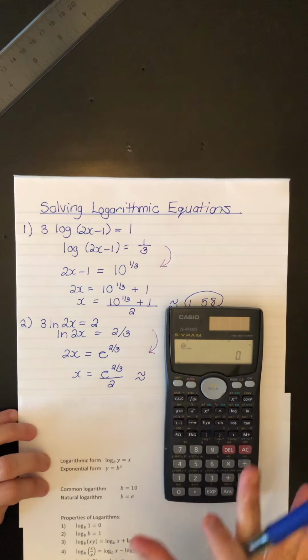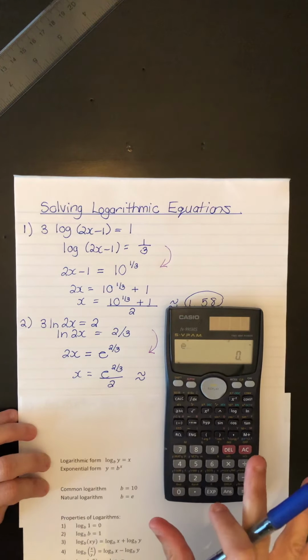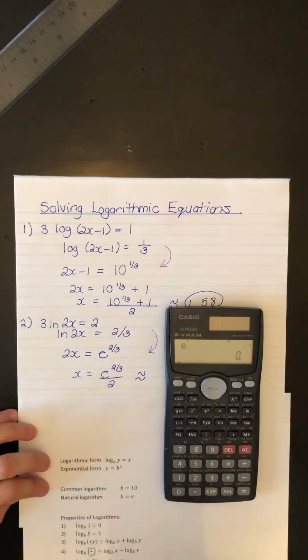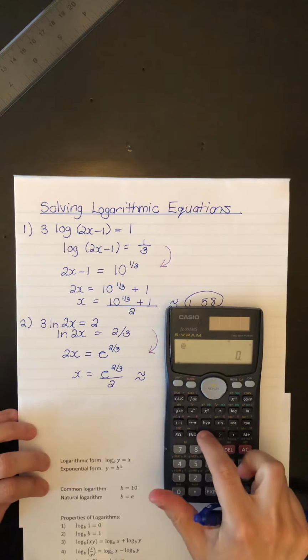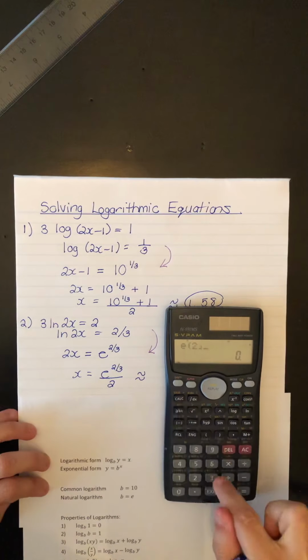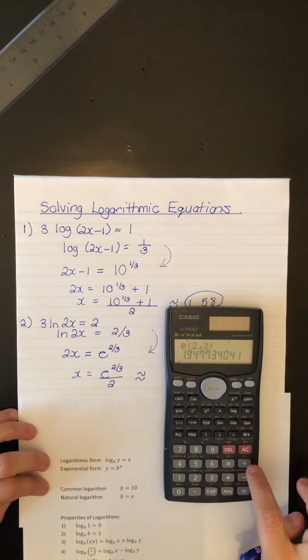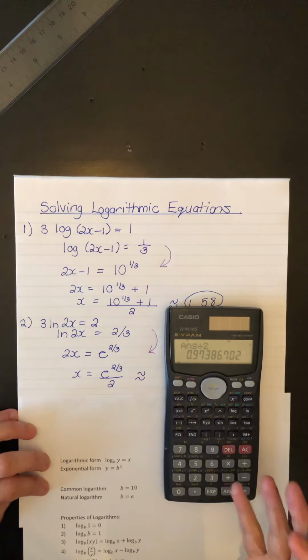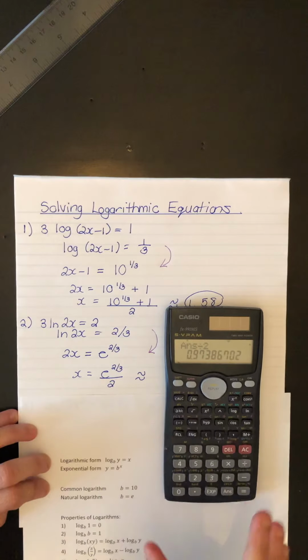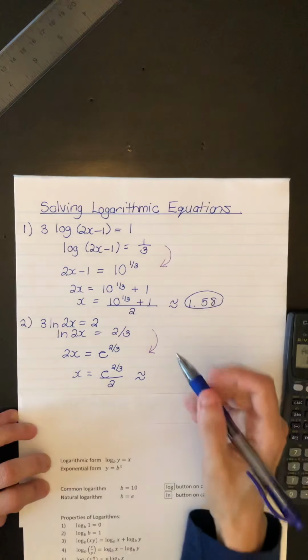All we do now is immediately put in the exponent. And again, it's a fraction, so it has to be in a bracket. So 2/3. Close the bracket like that. Push equals, so that's e to the 2/3. Divide it by 2 to get our answer. So this is roughly 0.974.